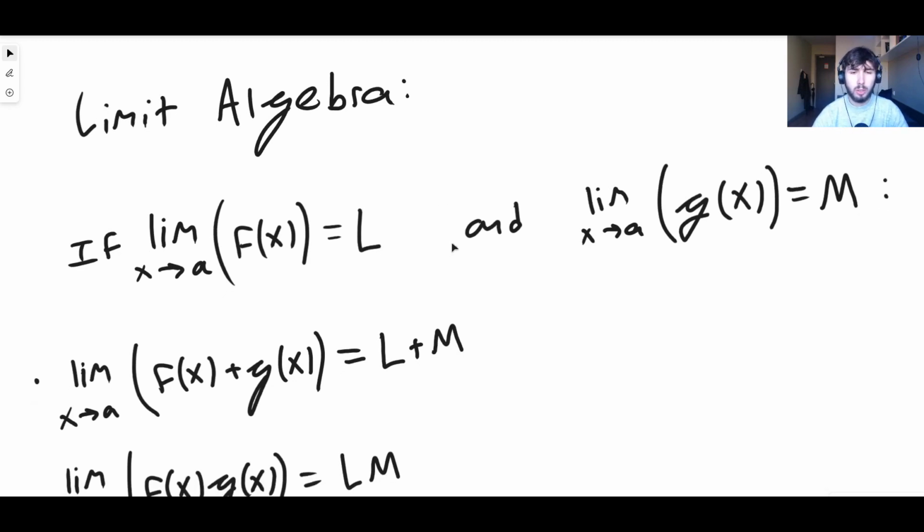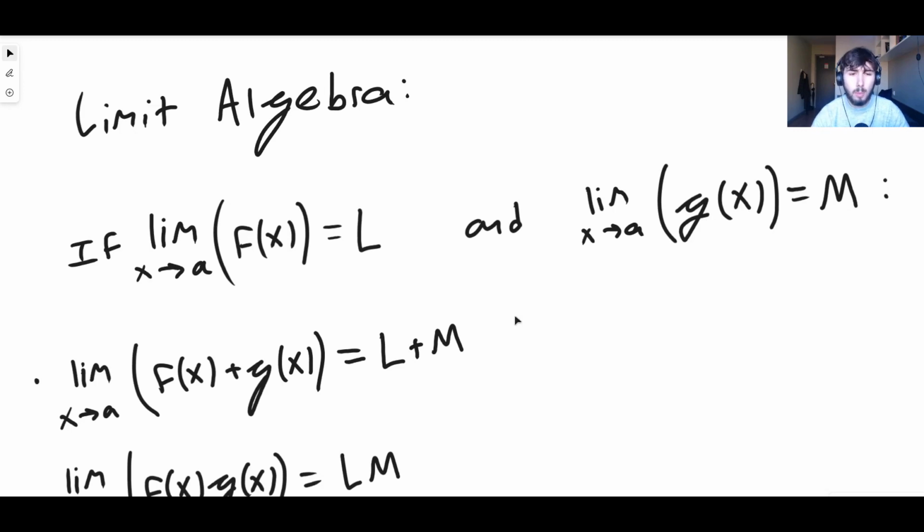So first of all, let's just define two limits. The first limit is, we're going to say that the limit as x approaches a, where a is just a constant, it could be 0, it could be anything, of f of x, is equal to L. And L is just a constant, it doesn't really matter what it is.